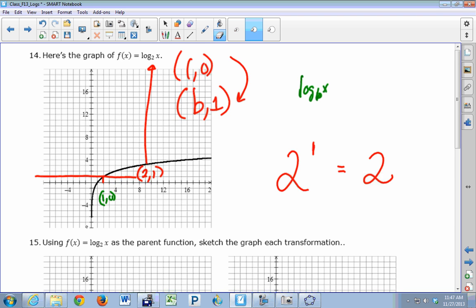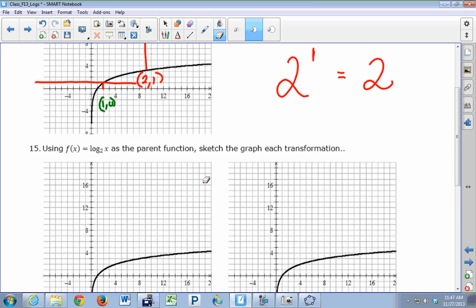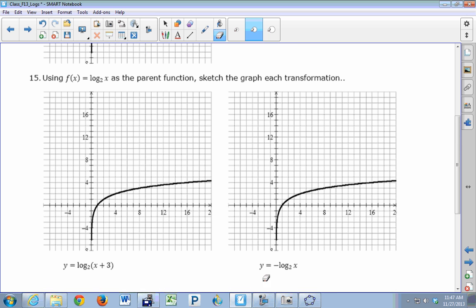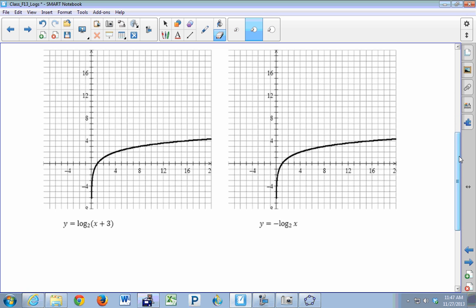All right, so let's go down and see how this thing gets transformed, and let's see if we can come up with the equation of the transformation. Actually, I'm going to give you the transformation, and you just have to graph it. Can we describe what's happening in this first function, log base 2 of x? How are we transforming it?